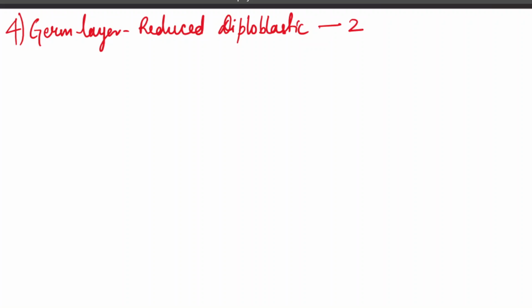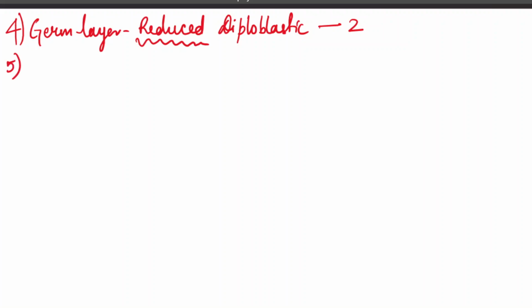Here we are talking about reduced diploblastic, means it is even more primitive than a normal diploblastic germ layer. On many sites it will show that poriferans don't have germ layers, not applicable. If they are asking, then we can write reduced diploblastic.